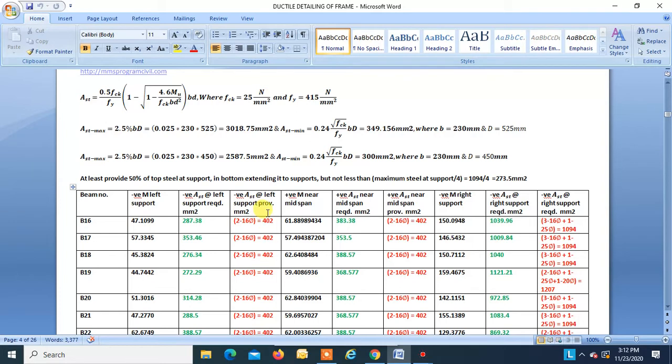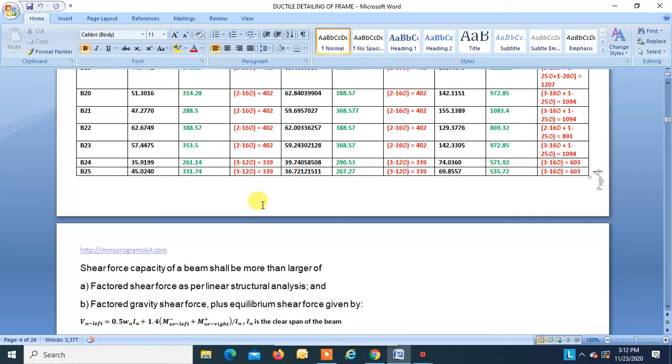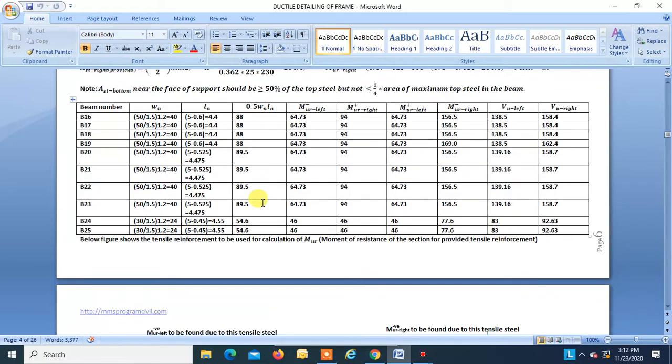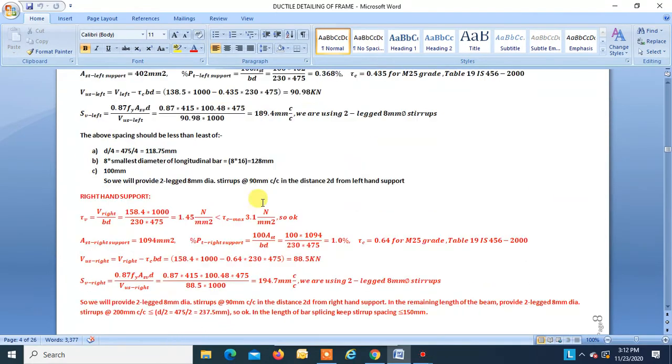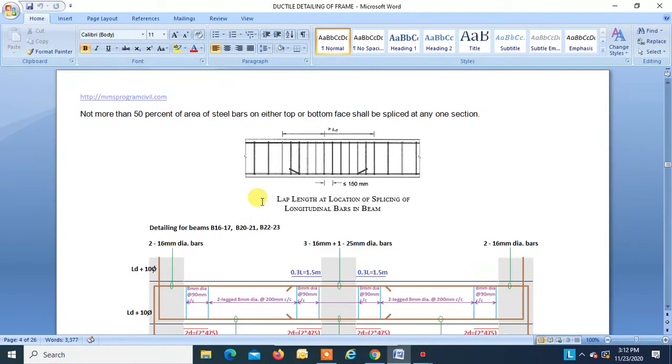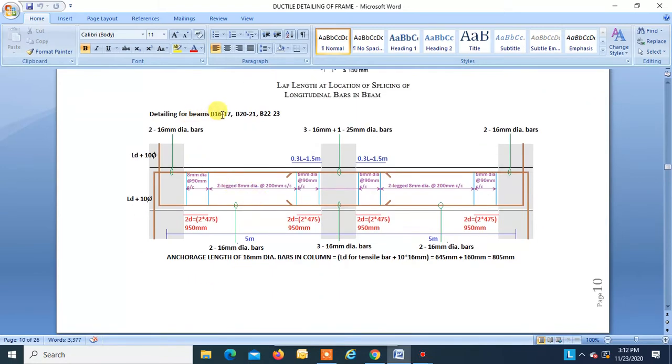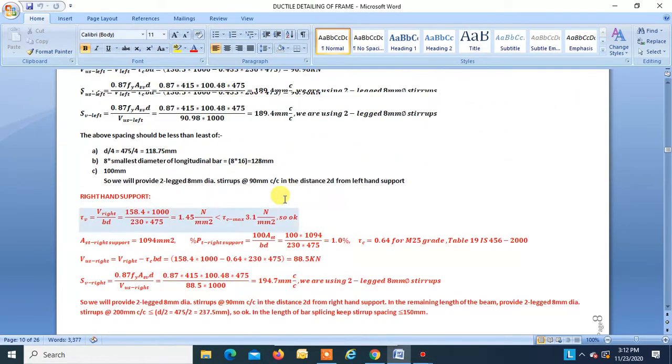Now let us see the detailing of beam B16. B16 and B17. At the left support we can see that we have provided two 16 mm dia bars over here. Now moving forward.